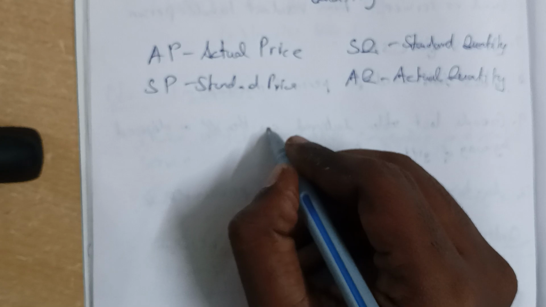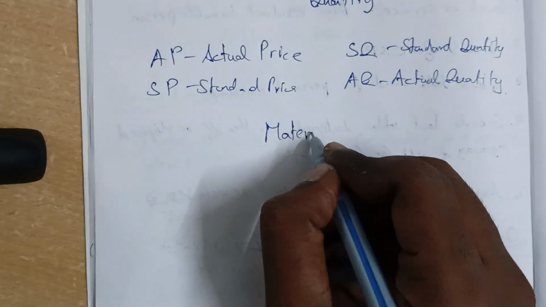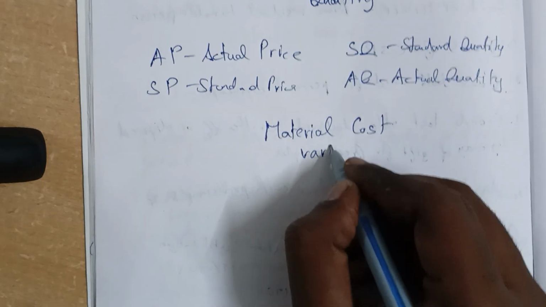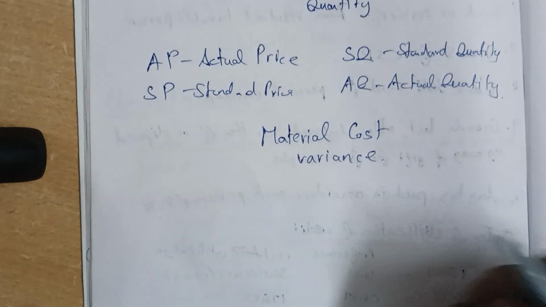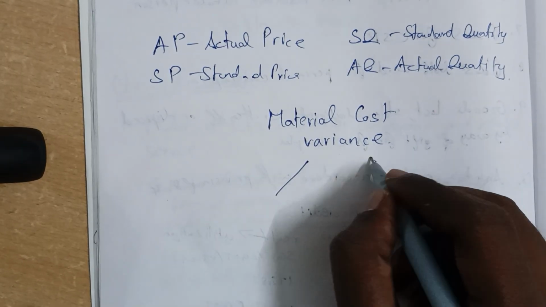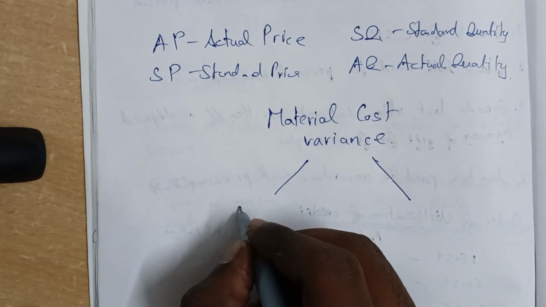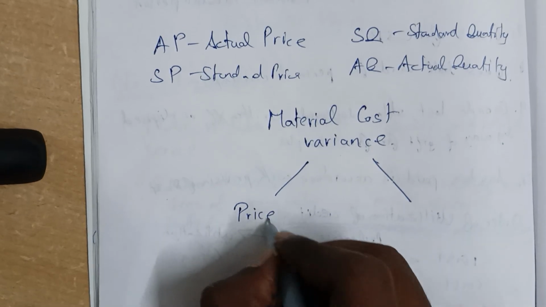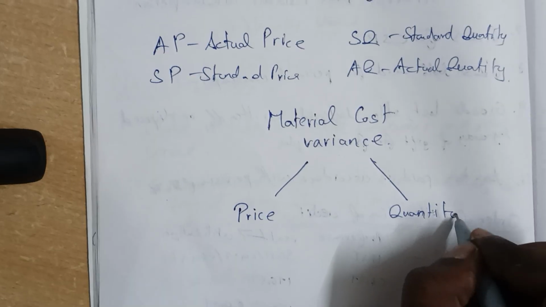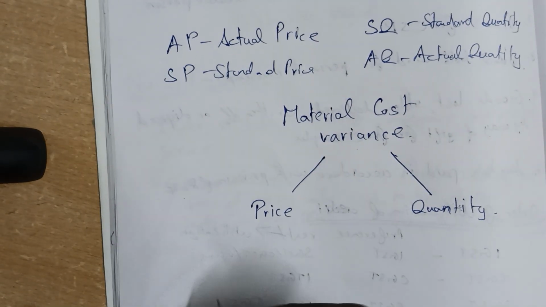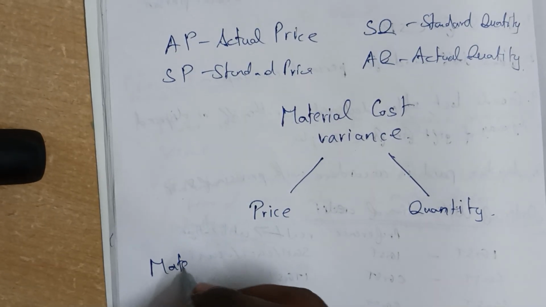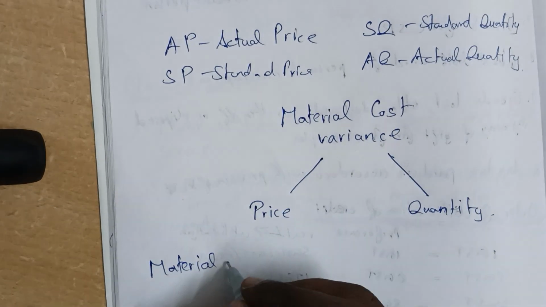First thing is they always ask for material cost variance. Okay, so material cost variance is divided into two, based on price and based on quantity. Now I'm going to go ahead and say the material cost variance formula. Material cost variance is the biggest thing here.